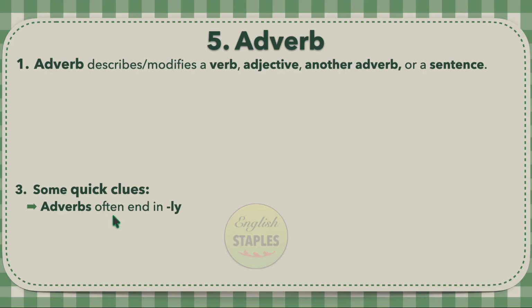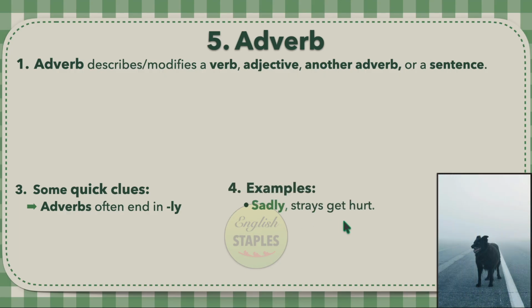Notice I said often, not always, because there are adverbs that do not end with ly, but there are lots of adverbs that end with ly. Let's look at an example. Sadly, strays get hurt. What are strays? Strays are animals that don't have a home or an owner.